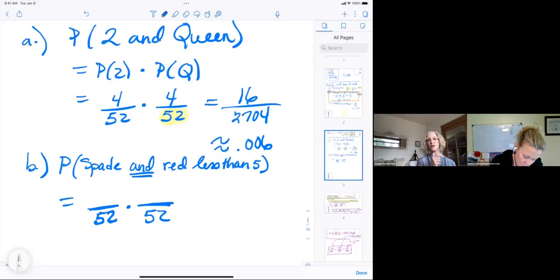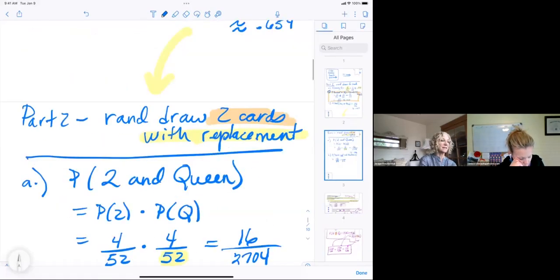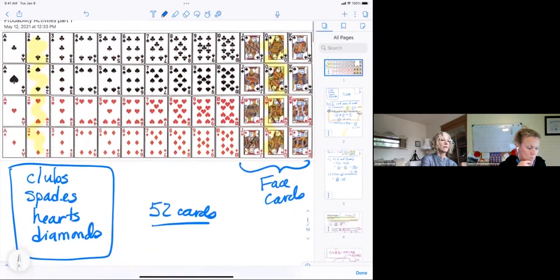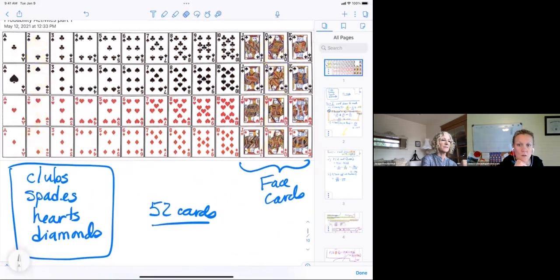The probability of drawing a spade, there are 13 cards that are spades. How many cards are red that are less than 5, but not including aces? Okay, here's red less than 5. Less than 5 does not mean 5.